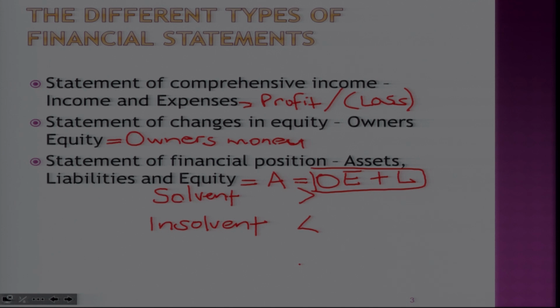So what you need to know to have a better understanding and get good marks for this question, you must be able to identify in any question what is income. Income is all the money that you received for selling your stuff, your business. It's everything that flows into the business.